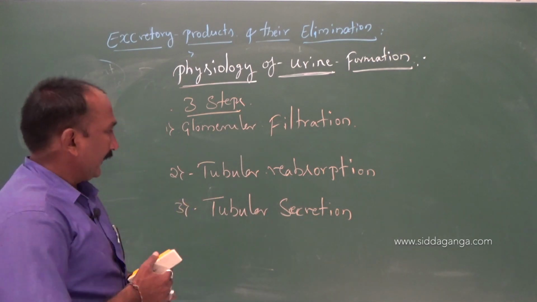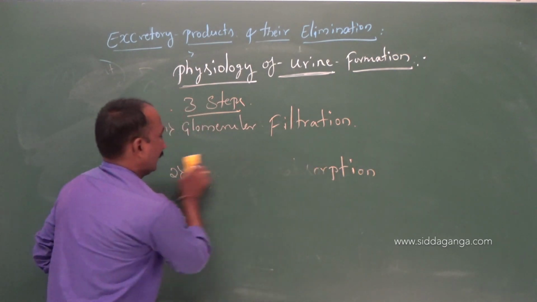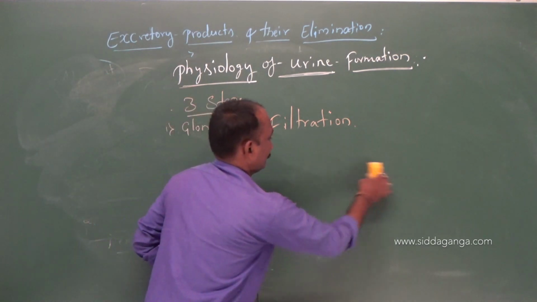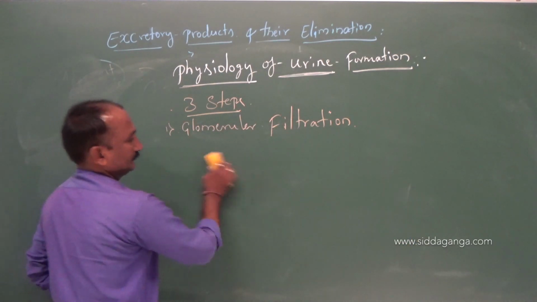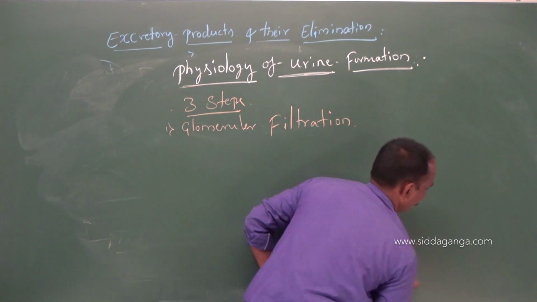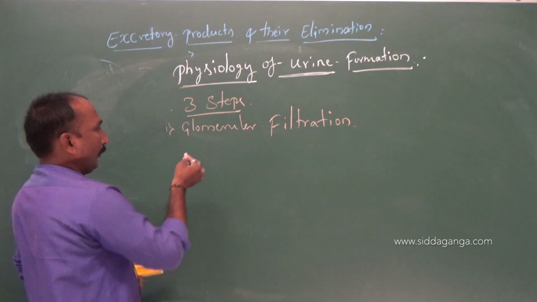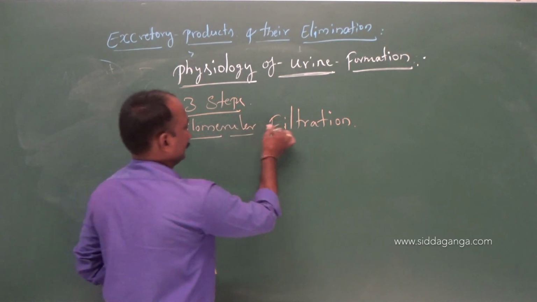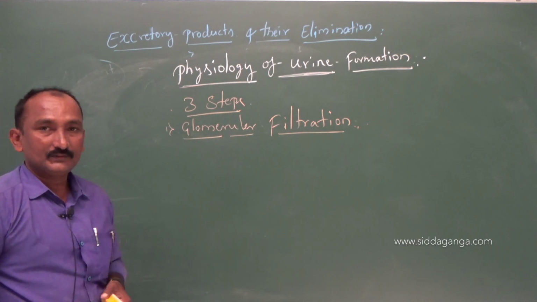Let us go through all these 3 steps in detail, one by one. Glomerular filtration is the first step of urine formation.